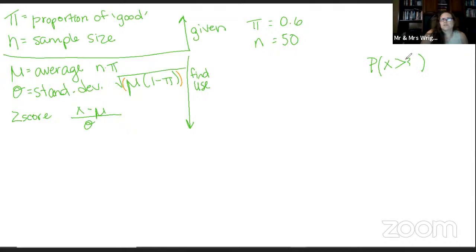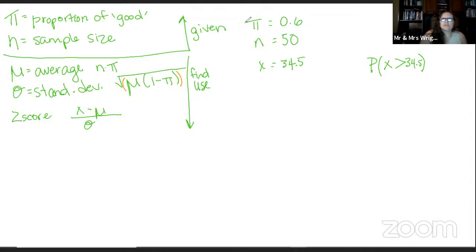So you're going to do 34.5, because the next one up from 34.5 is going to be 35. So 35 would be included in our answer here. So 34.5. This is what we're looking for, the probability that X is greater than 34.5. So in this case, we now know that our X that we're going to use in this formula is 34.5. Okay, so now we can go ahead and compute all of this information.